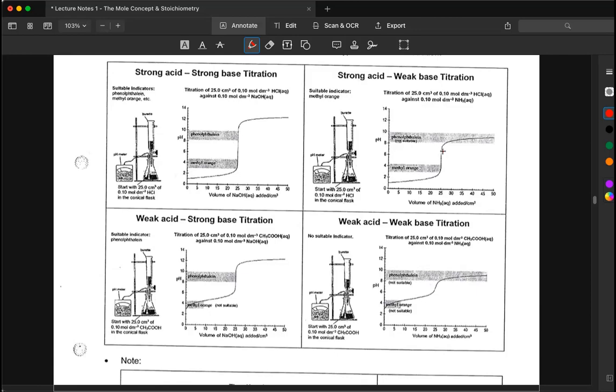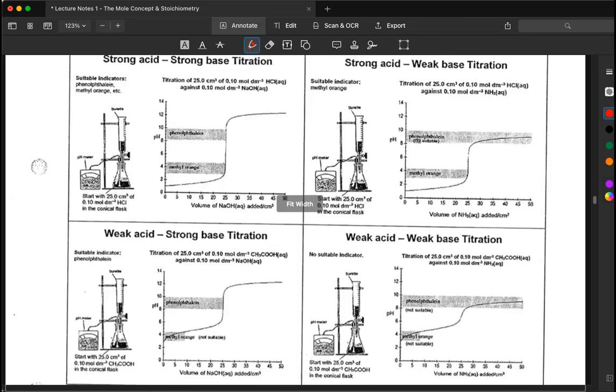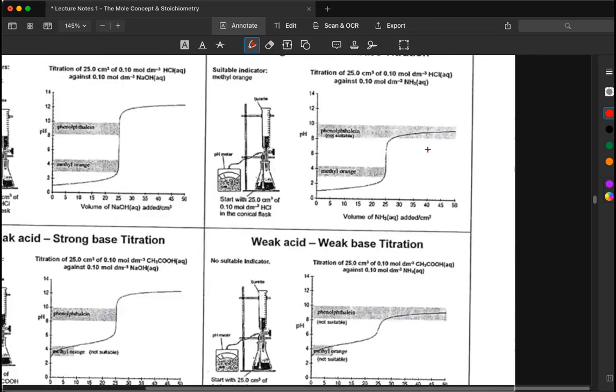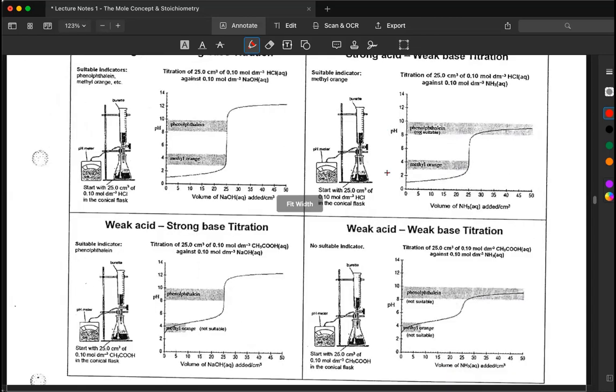And the final pH, because of strong acid, weak base, is not a reflection of a strong alkaline. It's actually a weak base. If you add excess, it equals ammonia. Then phenolphthalein will not be very suitable lah. You have to use methyl orange.